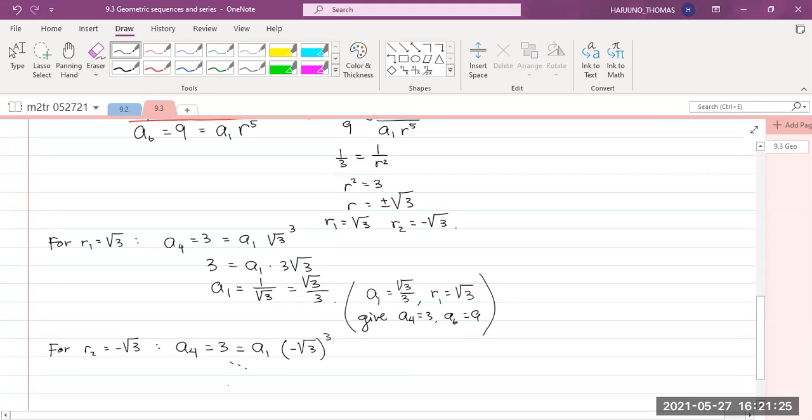The first term is negative 1 over radical 3, which is negative radical 3 over 3. In other words, if your first term is negative radical 3 over 3 and the common ratio is negative radical 3, it also gives the fourth term equals 3 and the sixth term equals 9.